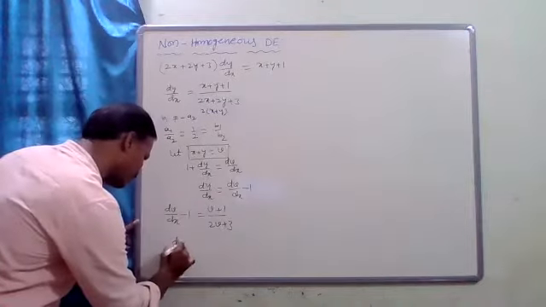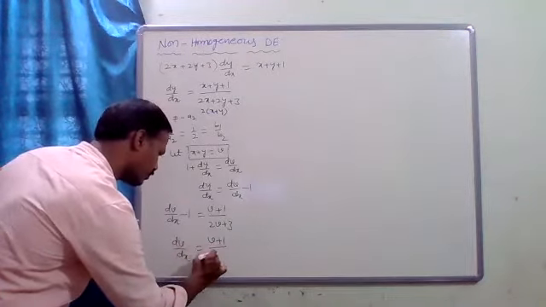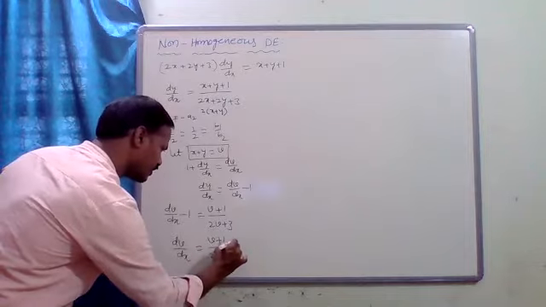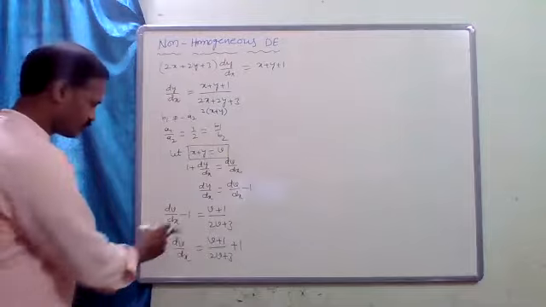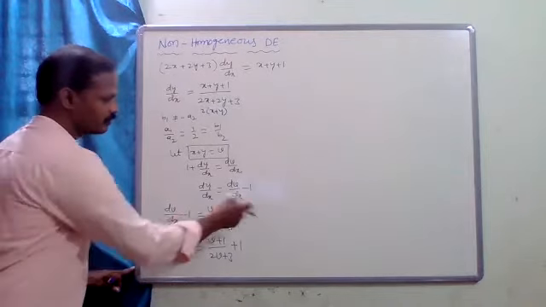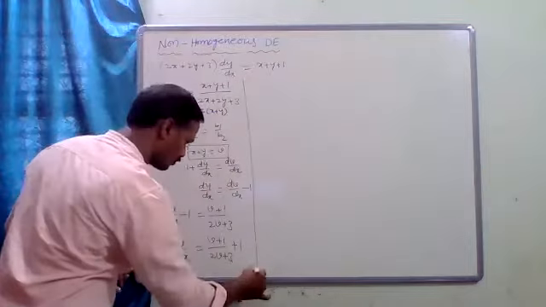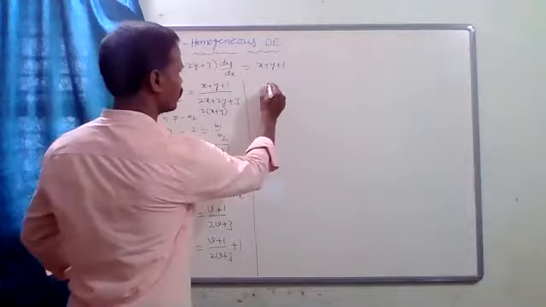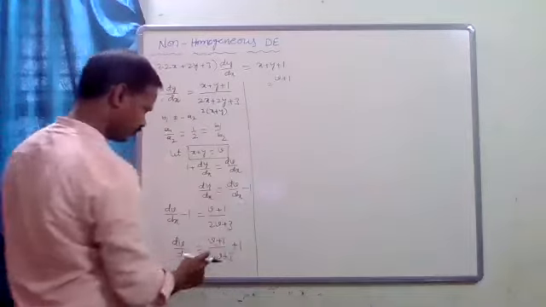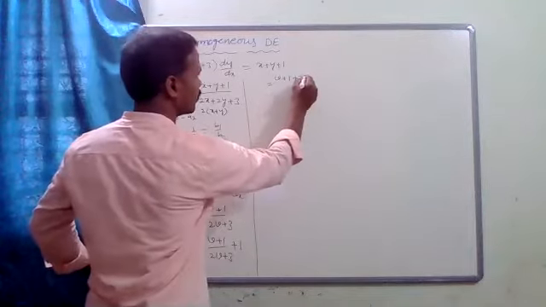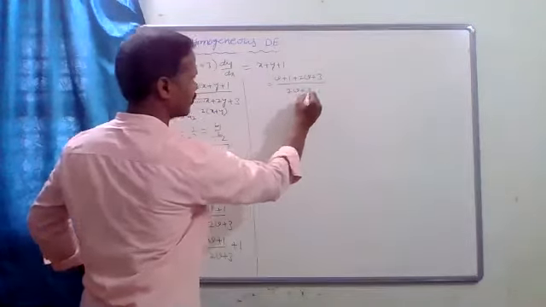Now dv by dx equals v plus 1 by 2v plus 3 plus 1. So this minus 1 we take to the right side. Then this equals v plus 1 plus 2v plus 3 by 2v plus 3.